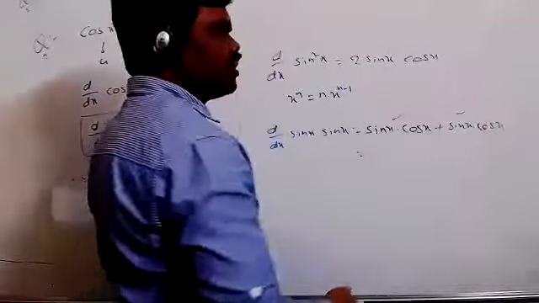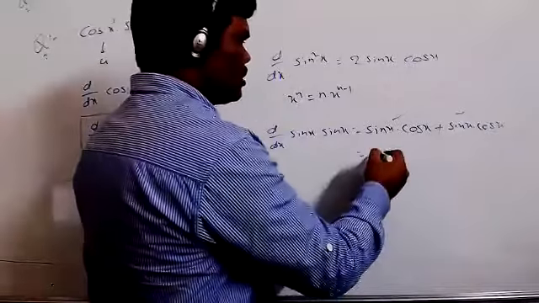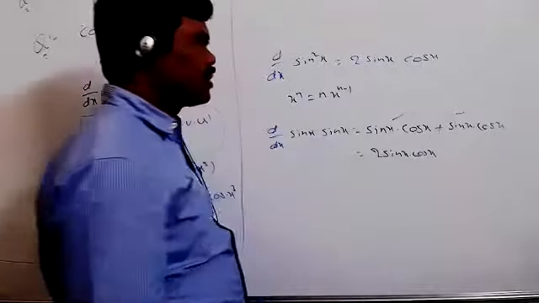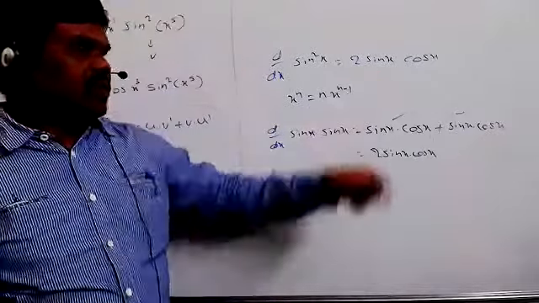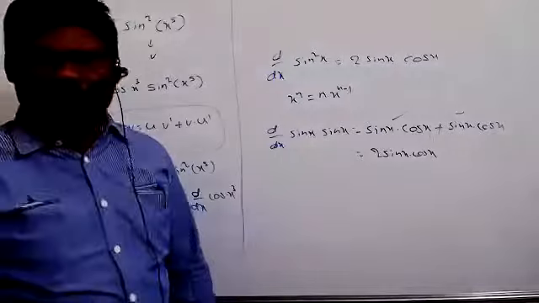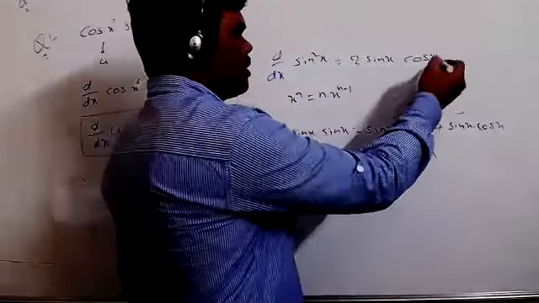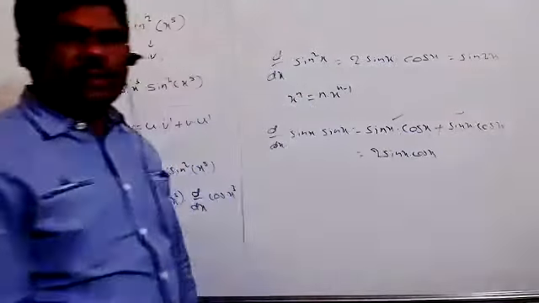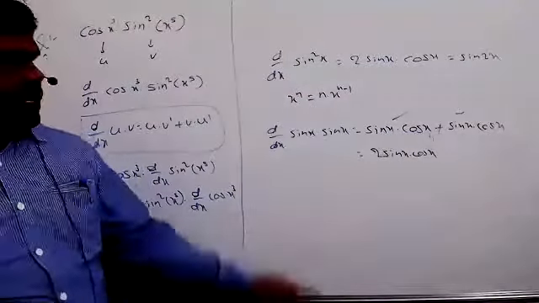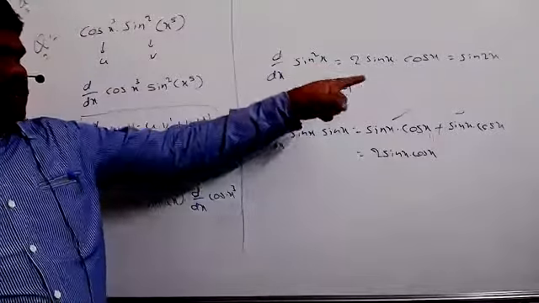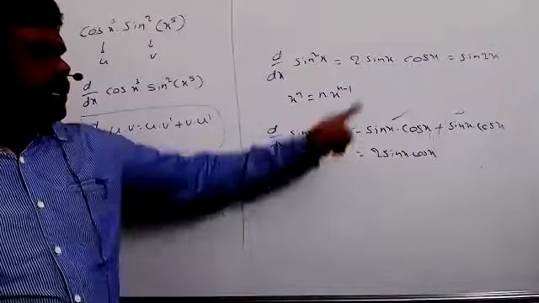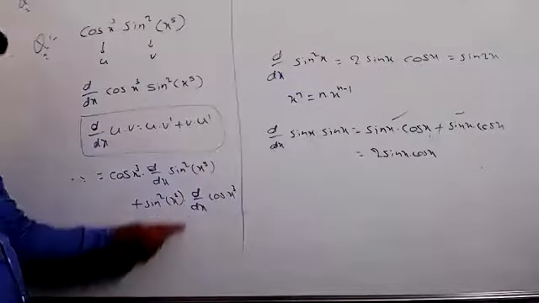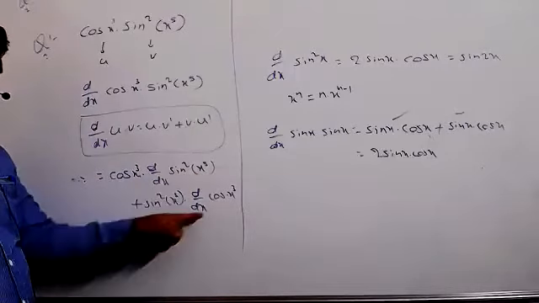These two are like terms, so this equals 2 sin x into cos x. We know the formula 2 sin theta cos theta equals sin 2 theta. So the differentiation of sin square x equals sin 2x, or 2 sin x into cos x. Now you can follow the same procedure for this one, but it will be very easy.